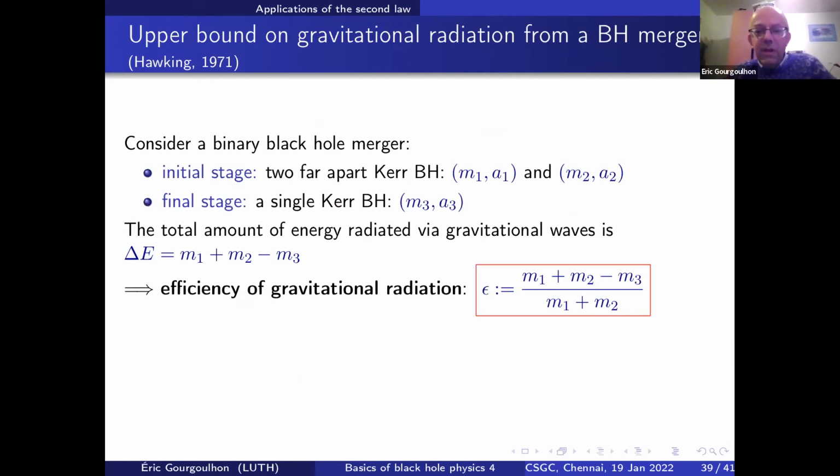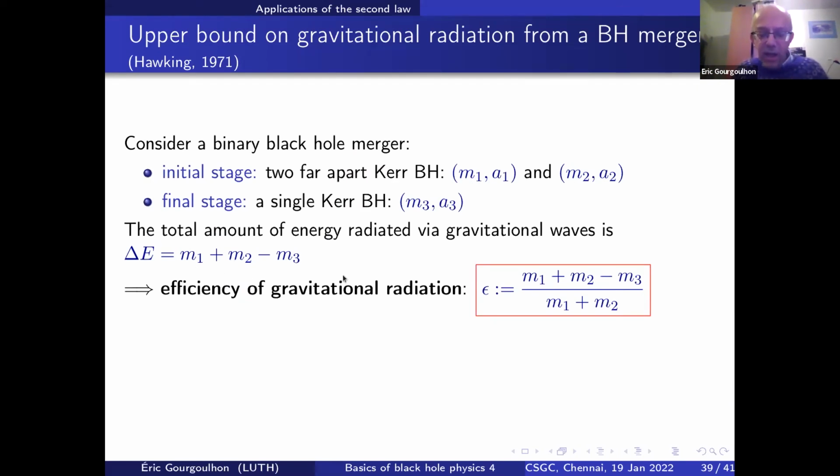Yes, the point here is that to define this M1 and M2, we take very far apart Kerr black holes. It means that the orbital energy was very small, because otherwise we could not define M1 and M2. So the initial energy, when they are very far apart, is indeed M1 plus M2.